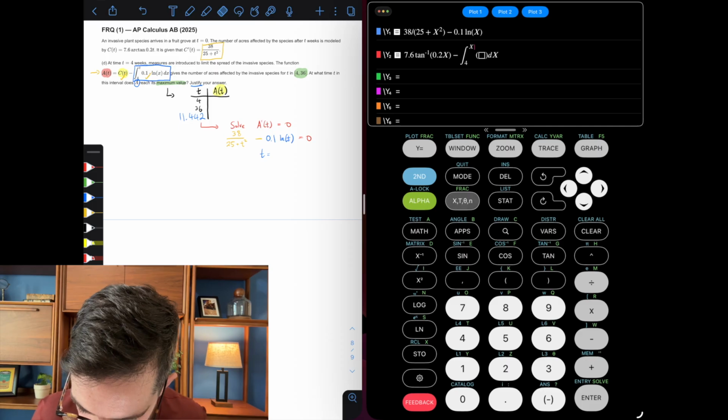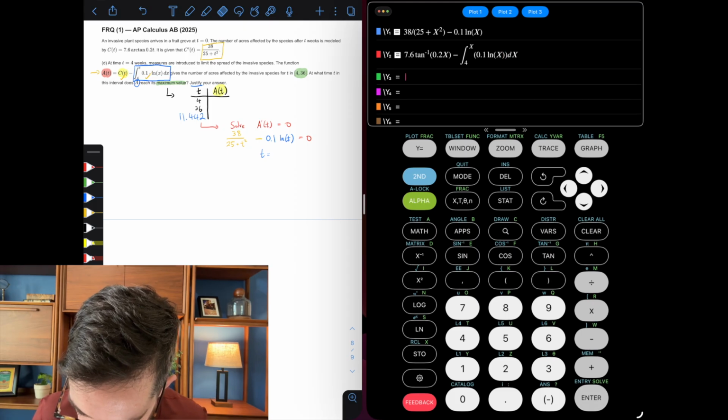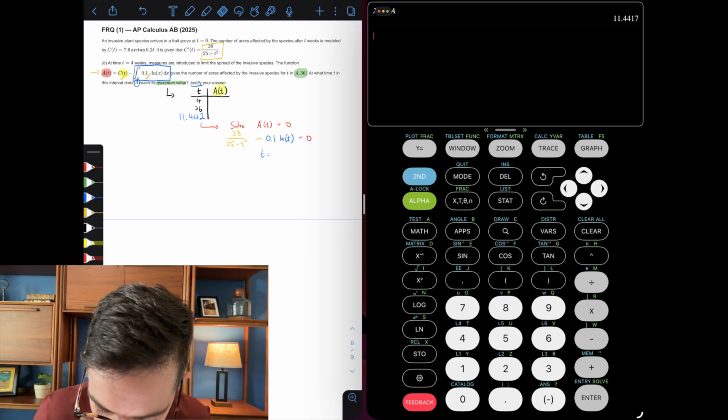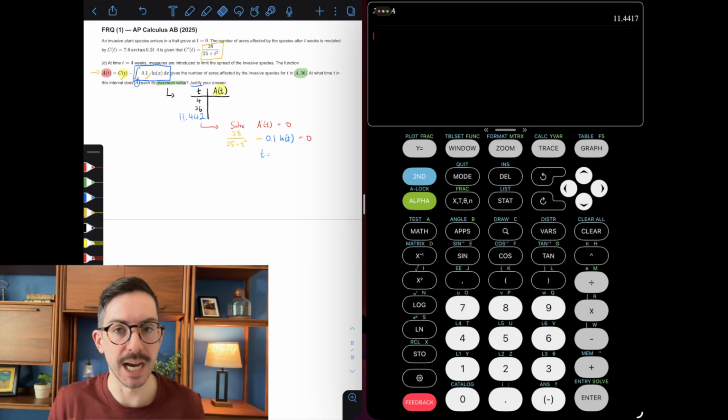I'm integrating from 4 up to my variable of 0.1 natural log of x. That is my expression for the rule a of t. I can now quit out of this and just use the calculator to figure out these values, rather than type in that rule over and over again. Let me show you what I mean.